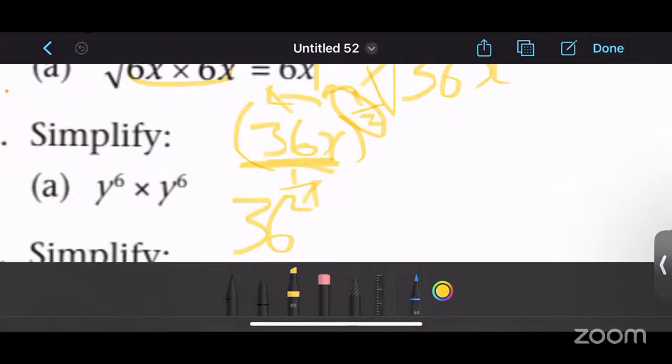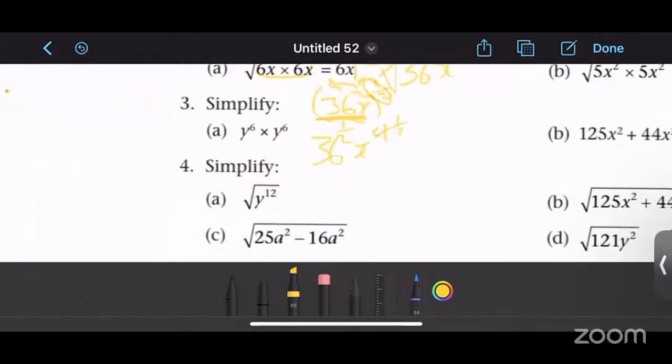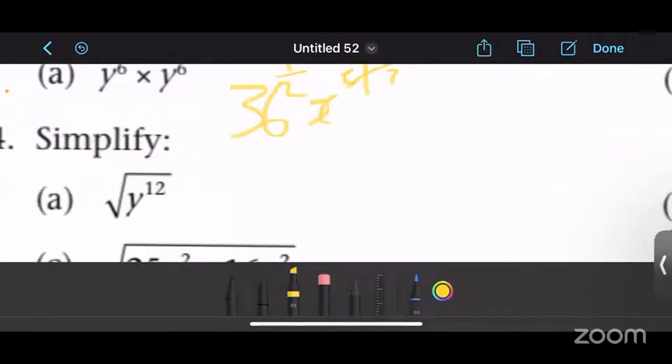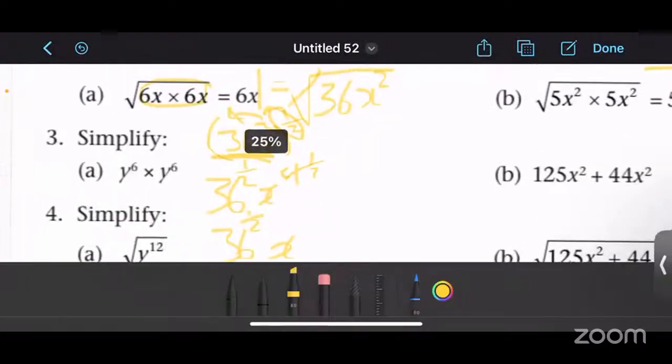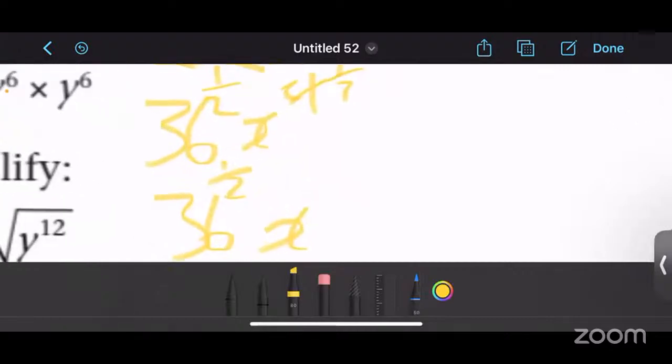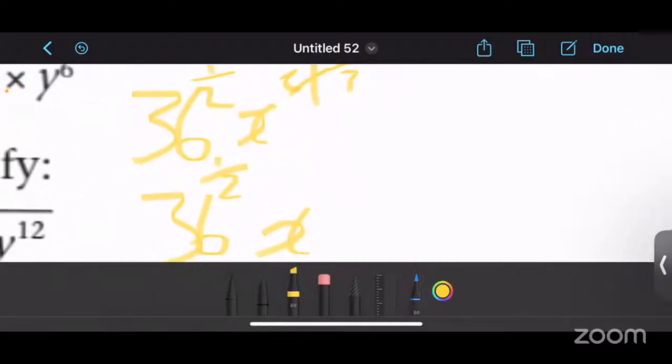That's why I'm having 1 over 2 there. And then I'm going to have x squared. Again, this is squared. X squared multiplied by 1 over 2. Then I'm going to have 36 to the power of 1 over 2, x to the power of 2 multiplied by 1 over 2.